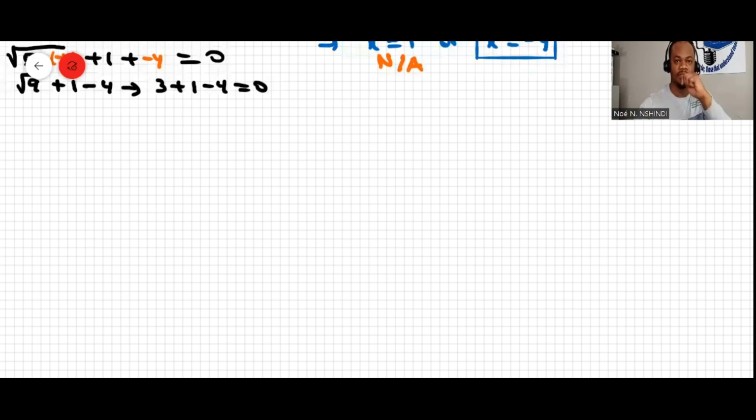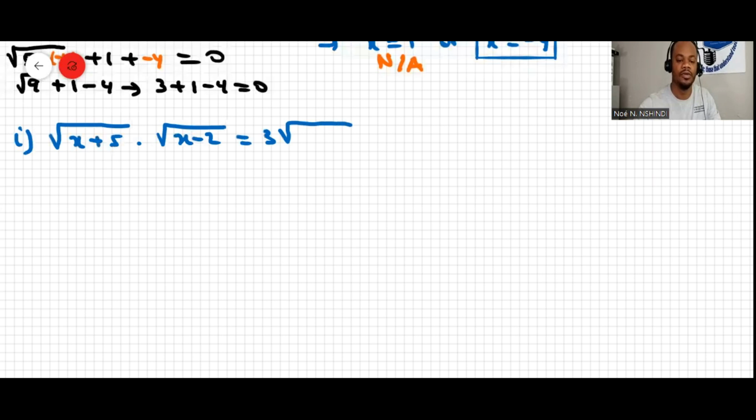And the last question is question I, which is given by square root of x plus 5 multiplied by square root of x minus 2 equal to 3 square root of 2.